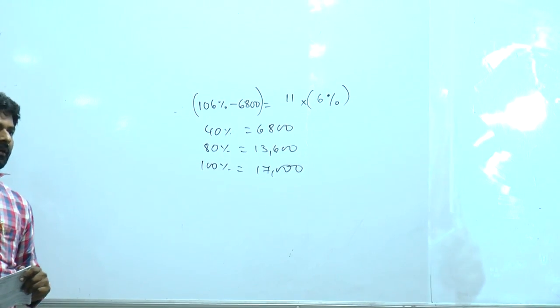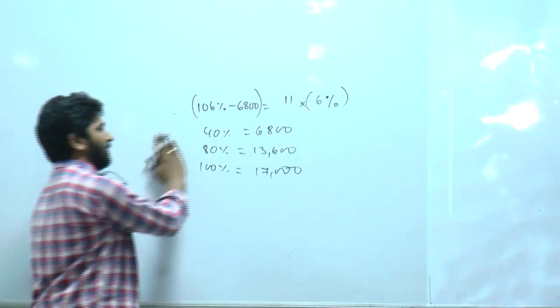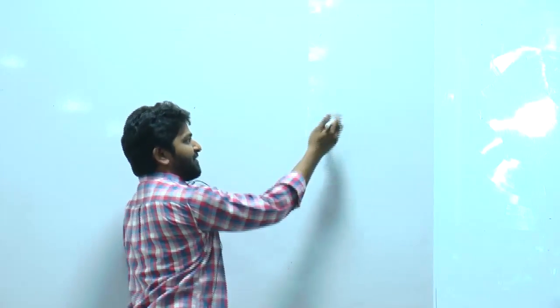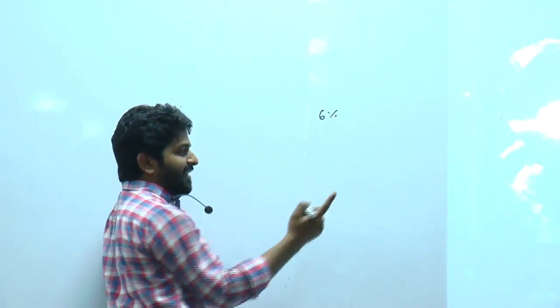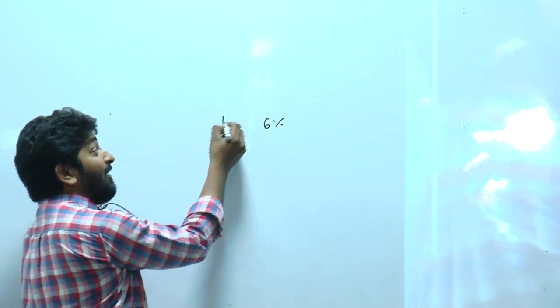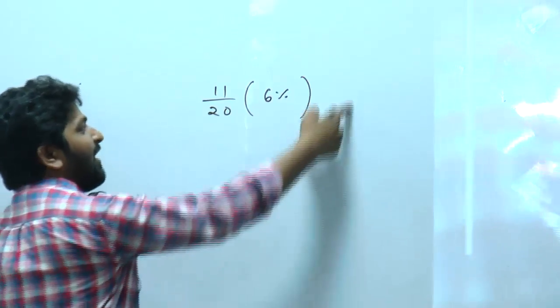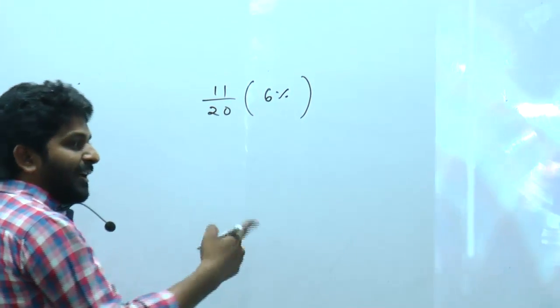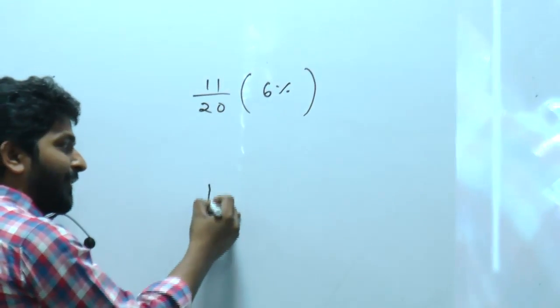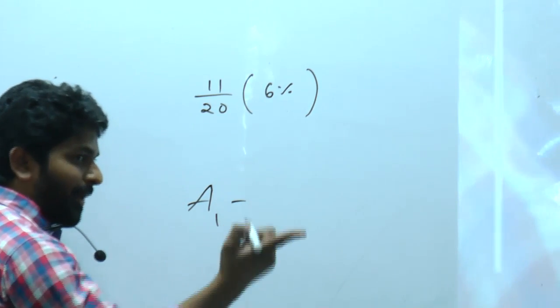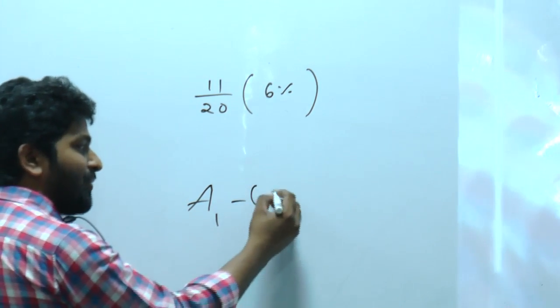Tell me once more. What is the first year interest in terms of percentage? 6%. They said the second year interest is 11/20 of the first year interest. So this is the second year interest. On what should the second year interest be paid? The first year amount after 1 year, minus what you have paid, 6,800.